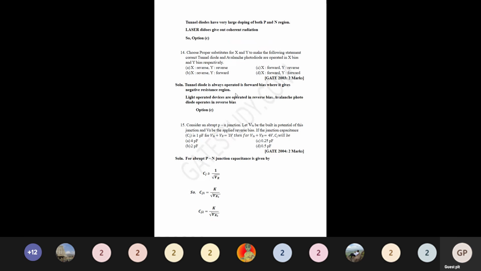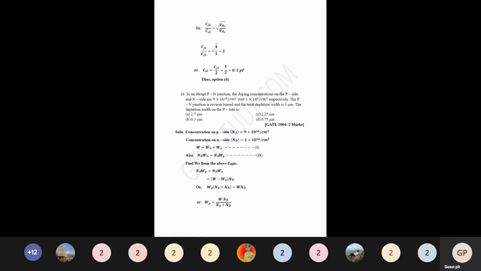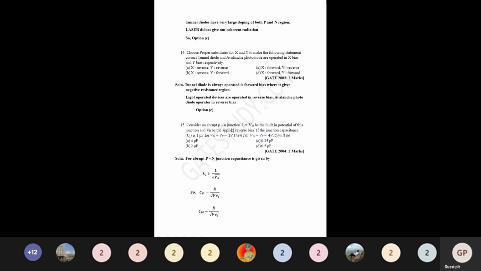Next, consider an abrupt PN junction. Let VBI be built-in potential of this junction and VR be the applied reverse bias. If the junction capacitance is 1 picofarad for VBI plus VR equal to 1 volt, then for VBI plus VR equal to 4 volt, the junction capacitance will be, options are 4 picofarad, 2 picofarad, 0.25 picofarad and 0.5 picofarad.